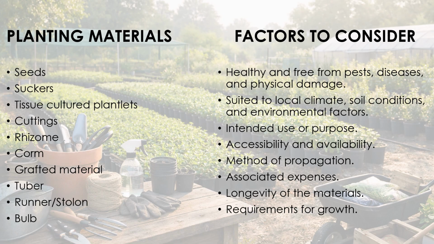By understanding the different types such as seeds, suckers, cuttings, and tissue-cultured plantlets, and considering factors like health, climate suitability, and cost, we ensure strong, productive, and sustainable plants. Remember, the choices we make at the start determine the harvest we enjoy in the end.